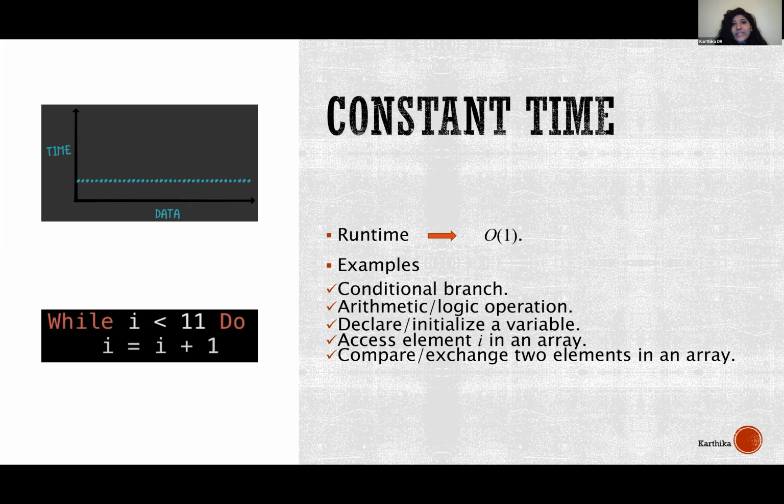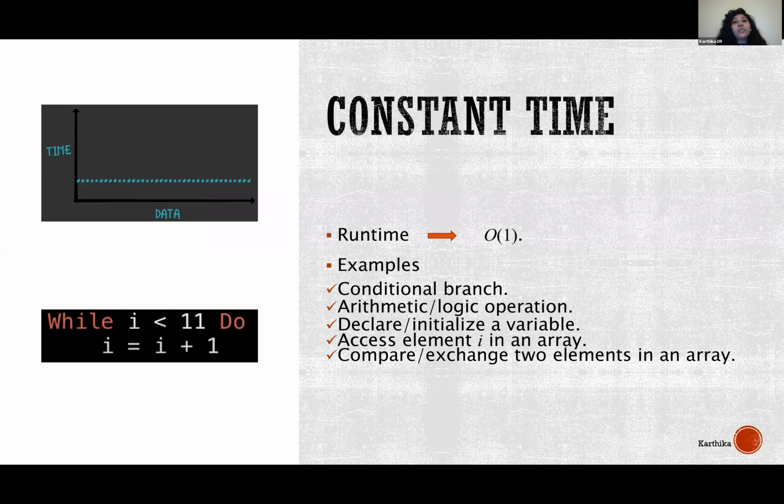Suppose the user is asked for a number I, and the user enters I as 1. It's going to check if 1 is less than 11. So this while loop will be checking if it is less than 11 or not, and whatever the input, it takes constant time.